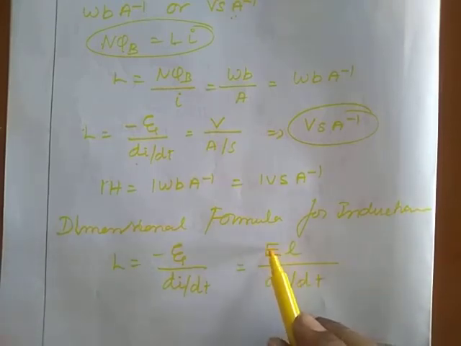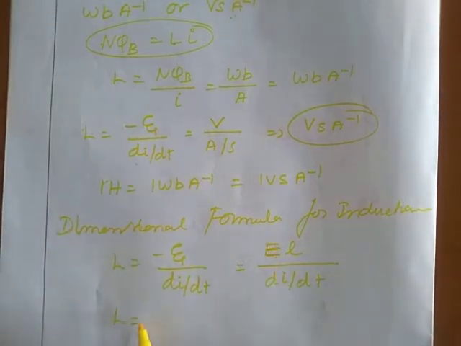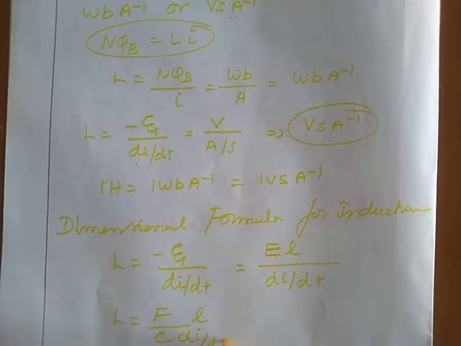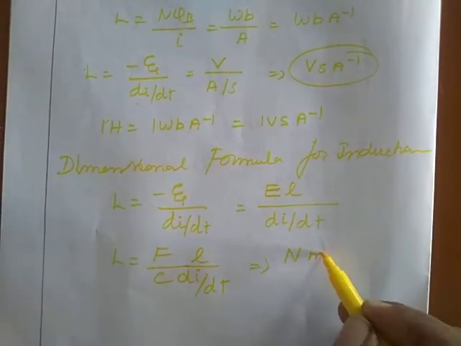We can write electric field as the force experienced by the charge, so we can write L is equal to F by charge, Q, into L, then di by dt. Correct. Then the unit of force is Newton. The unit of length is meter.